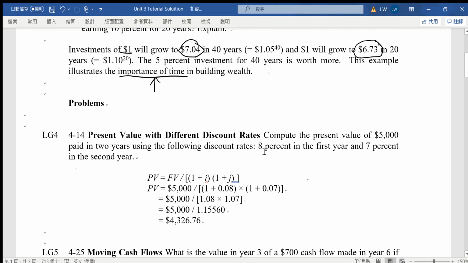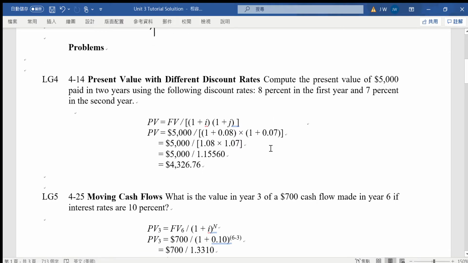The second one is about the present value of different discount rates. For this one, you are applying the financial management concept of discounting. You will find that the question provides different percentages for different years: 8% for the first year, 7% for the second year.